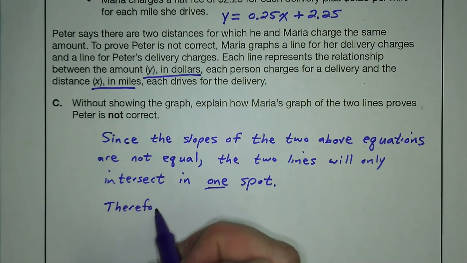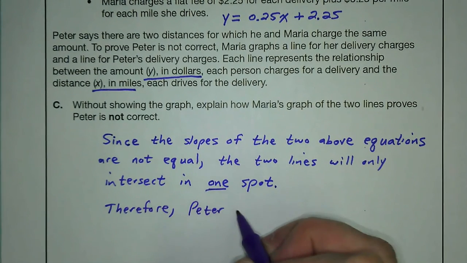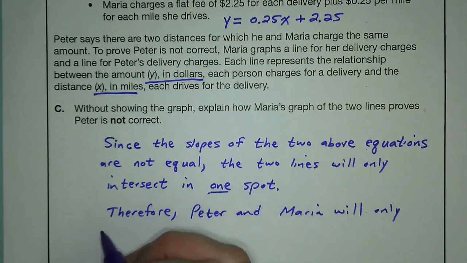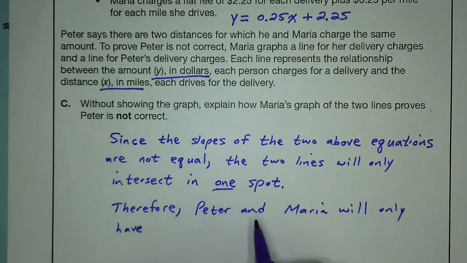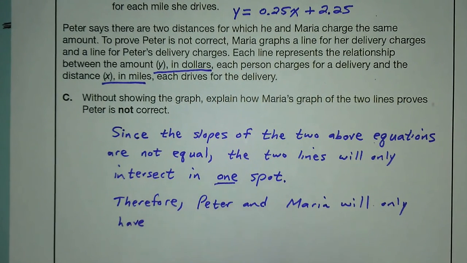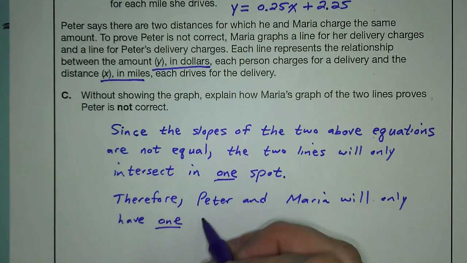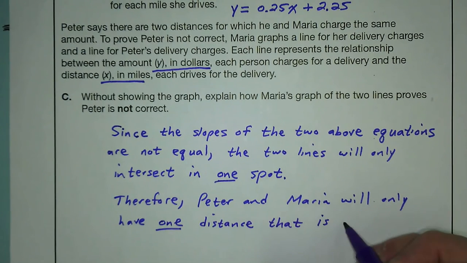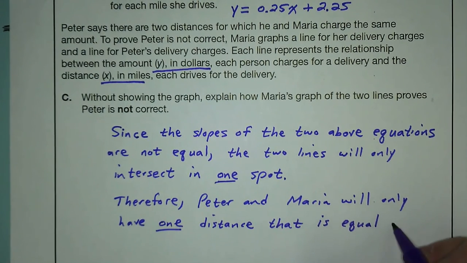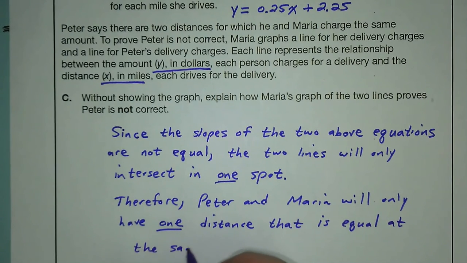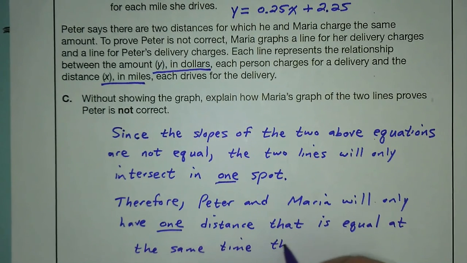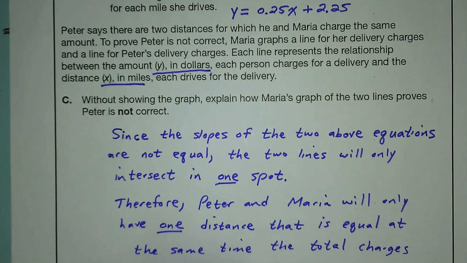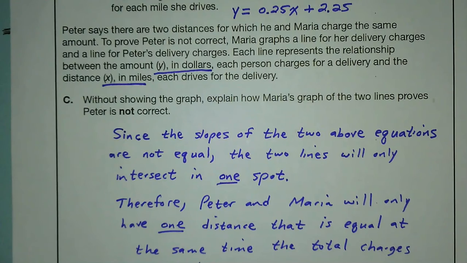Therefore, Peter and Maria will only have one distance, Peter says there are two, that is equal at the same time, the total charges are equal. This is so weird to say.